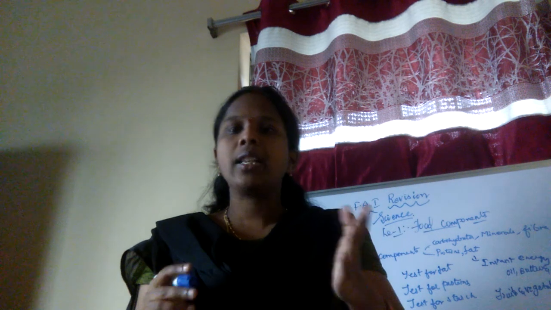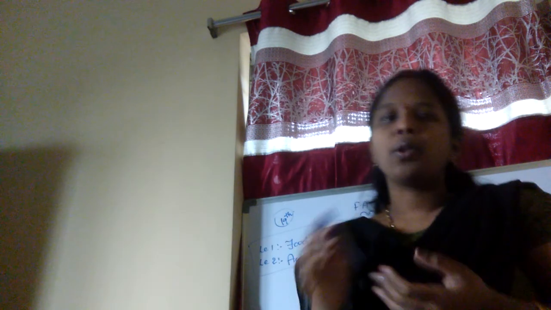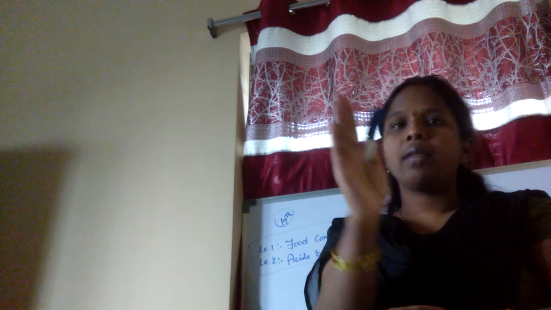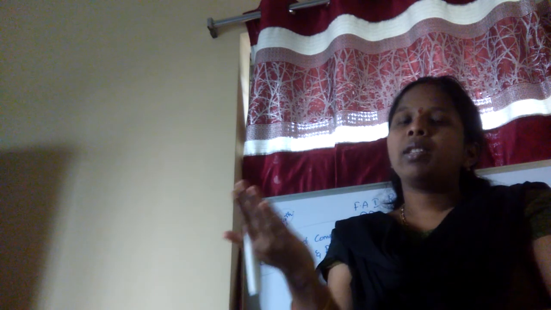If you want to do the test for starch, you have to take this, and from this you will get the starch and also fat and also proteins. You have already done the tabular form, where you wrote the food items and which contain more starch. You have done these in the earlier sessions only.